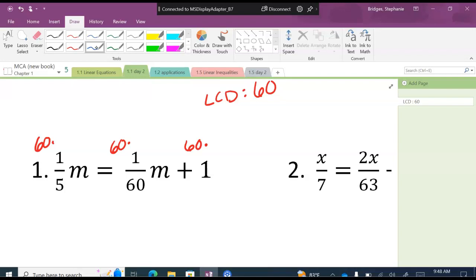So when we're multiplying these, that 5 actually just cancels out or turns to 1, and that 60 turns into how many times 5 goes into it, which is 12, right? Then we multiply that 12 times the 1 and times the m. 12 times 1 times m is just 12m.